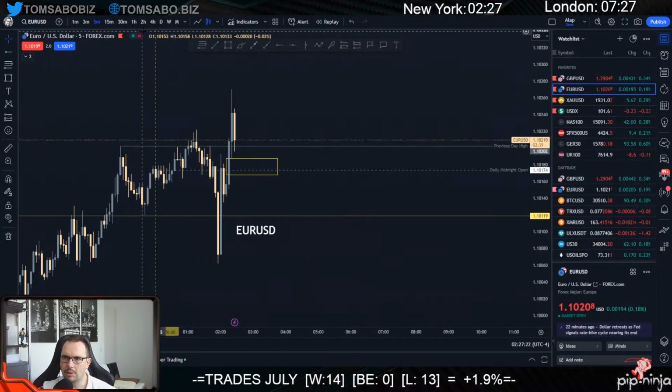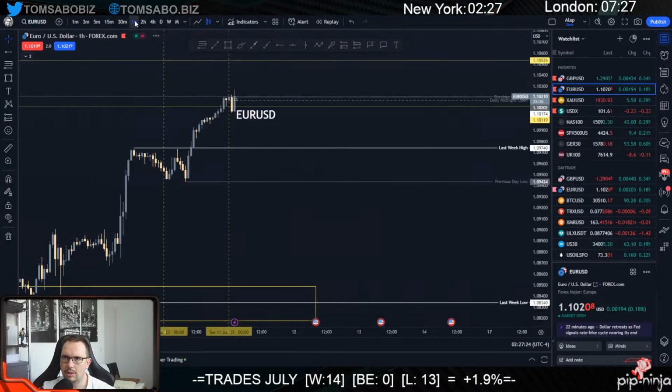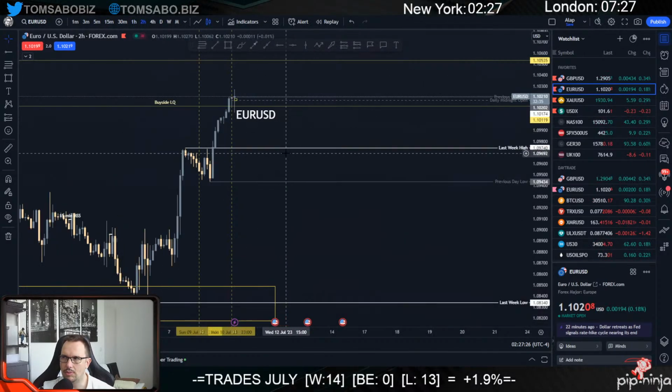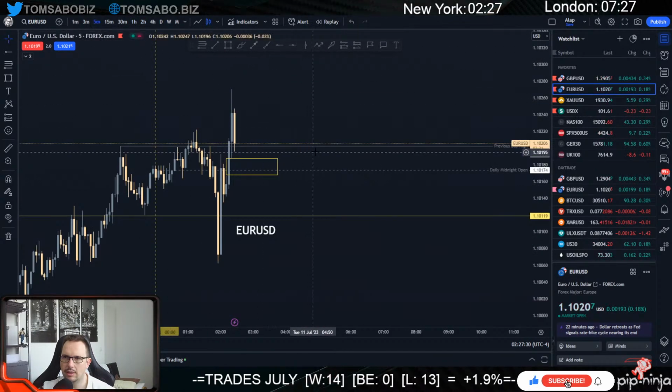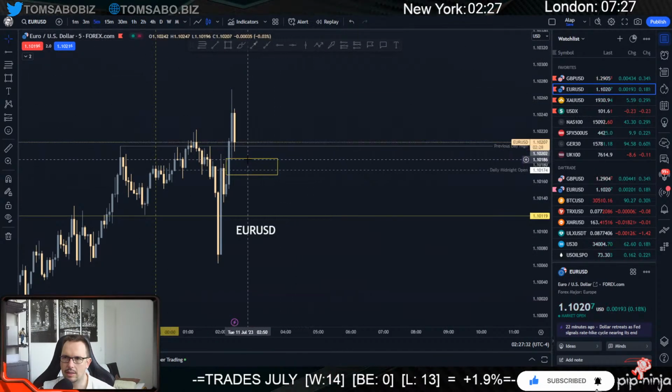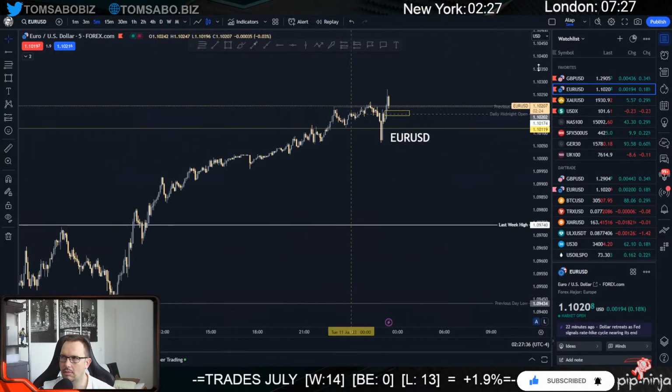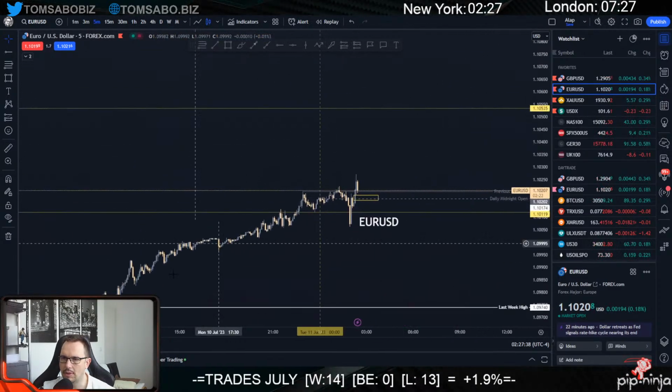Now, if we are bullish on the euro and we assume that it's going to target the next buy side, then I guess this fair value gap would be a great entry. And buy side is at 53.